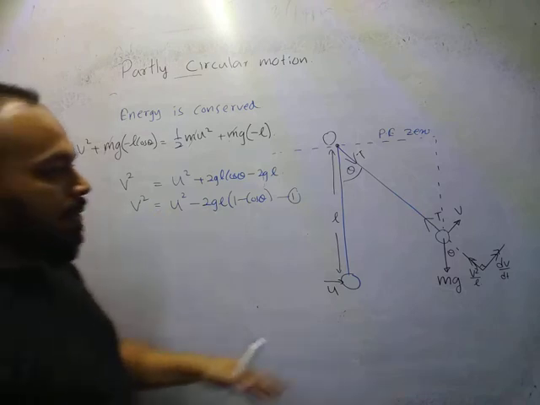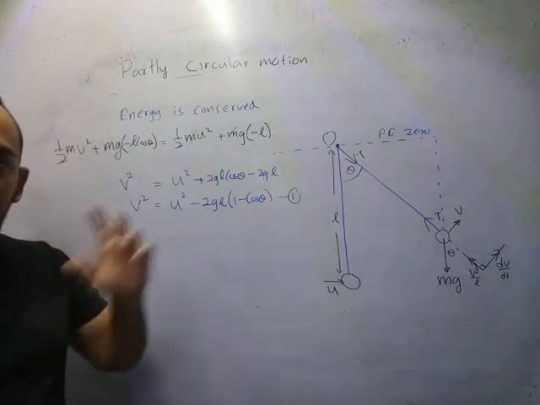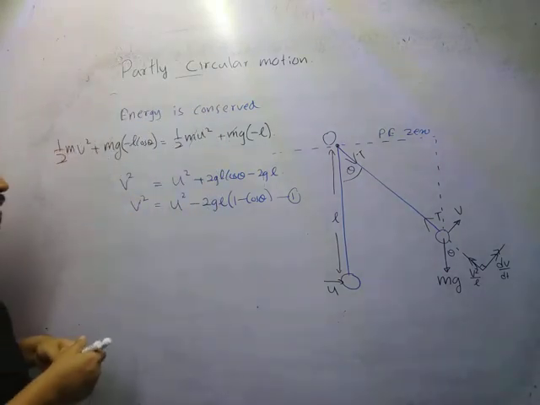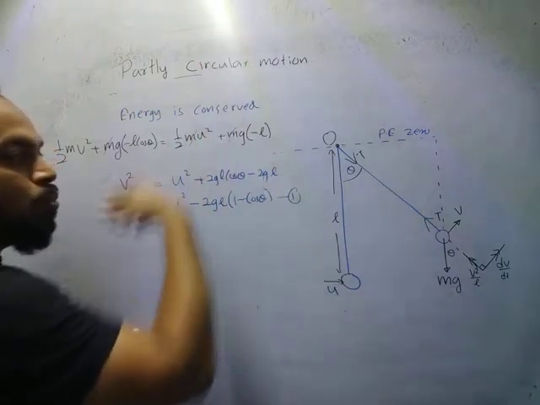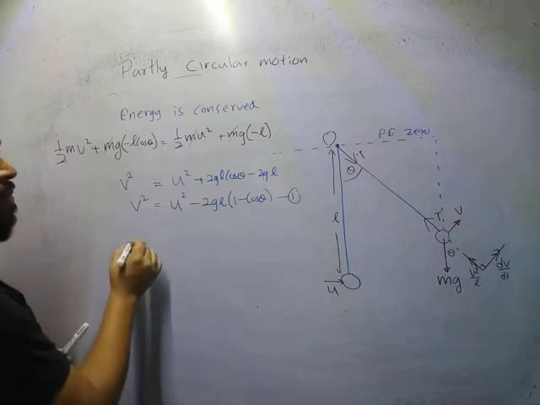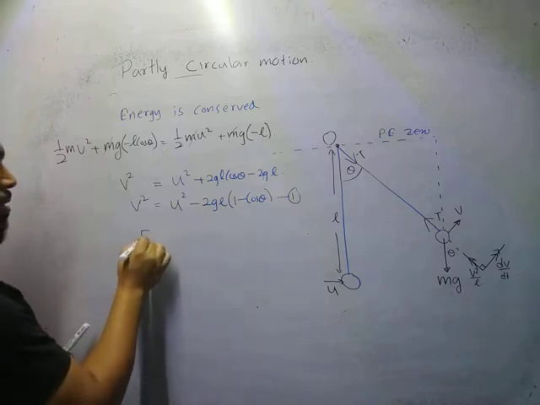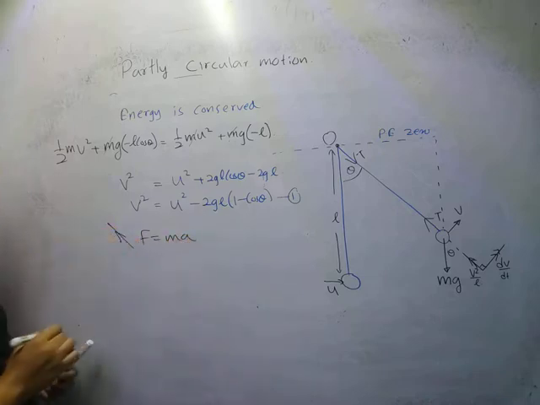Next we have to find the tension, because as I mentioned earlier, tension can be 0 as well. Tension has to be positive for the particle to move in a circular path. So let's write F equals ma in this direction.